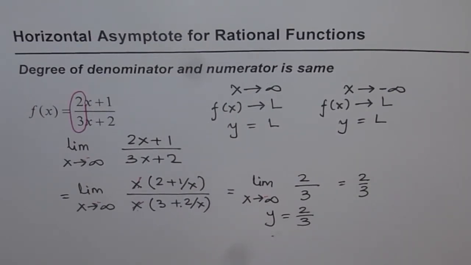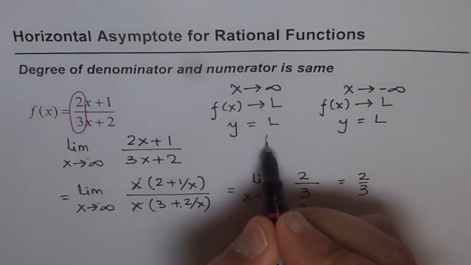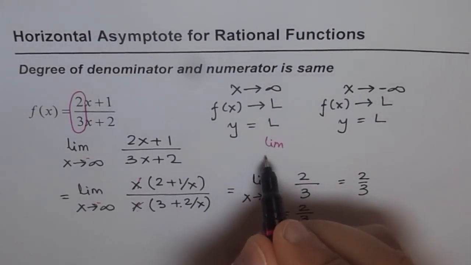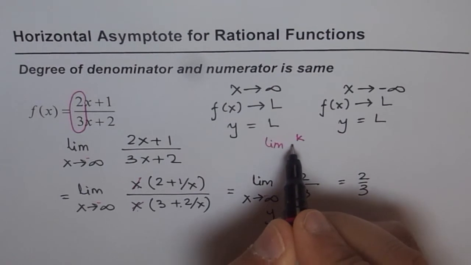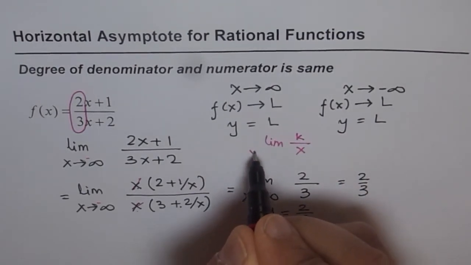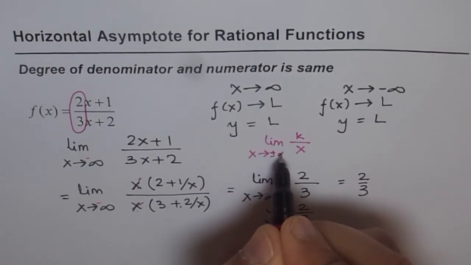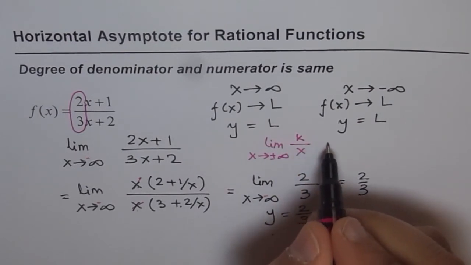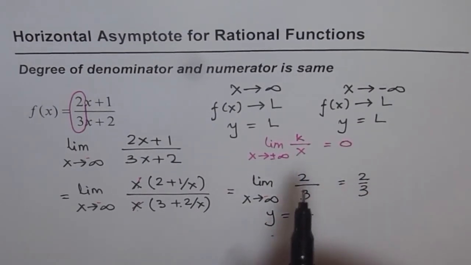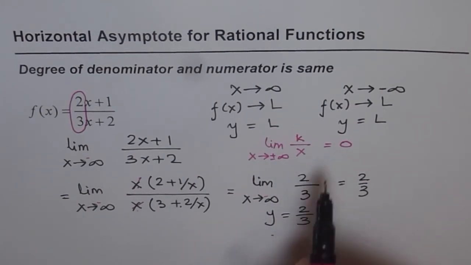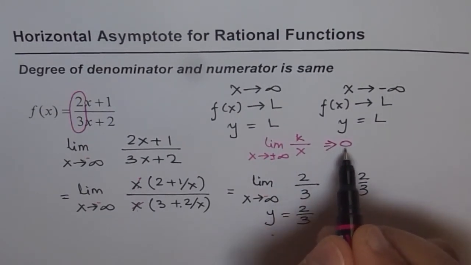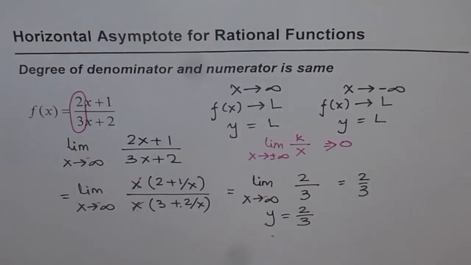So what I'm trying to say is that the limit of, let's say, any parameter k over x, where x approaches plus or minus infinity, is actually 0, right? If x is very large, then k over x is approaching 0. So these factors will become 0 when we are approaching plus or minus infinity.